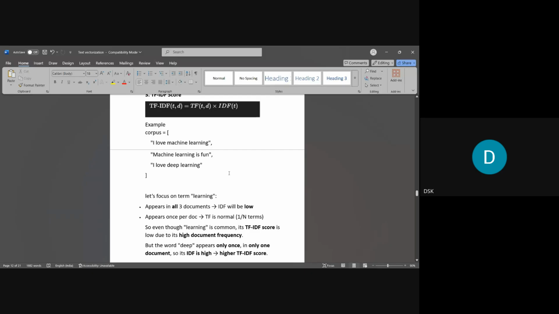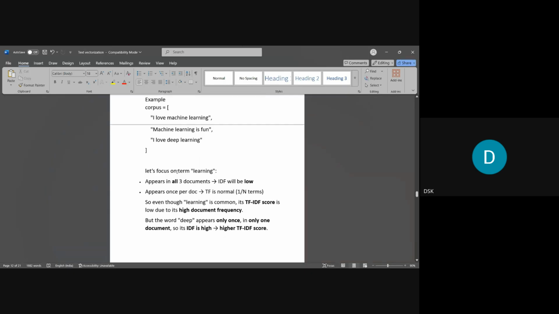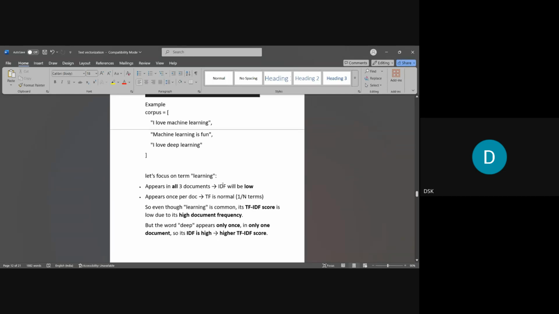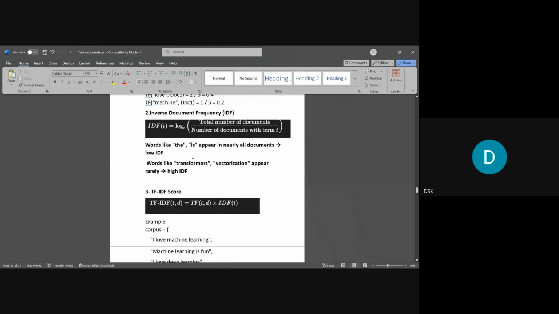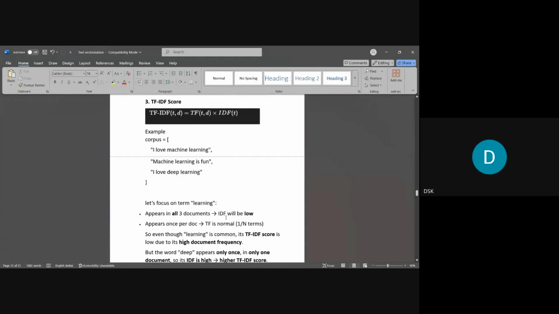So as you can see, "I love machine learning. Machine learning is fun. I love deep learning." Let's focus on the term learning. It appears in all three documents, so the inverse document frequency will be low.